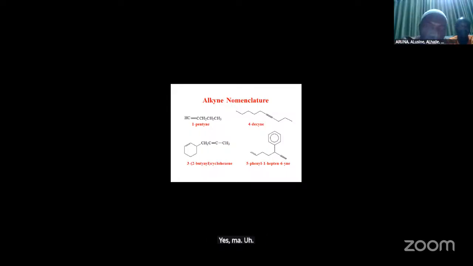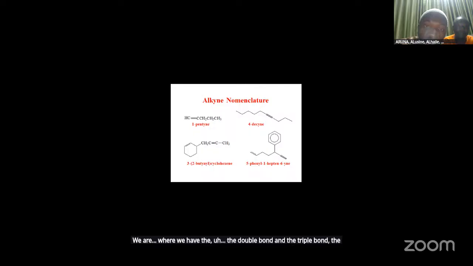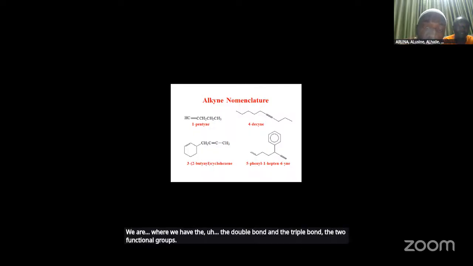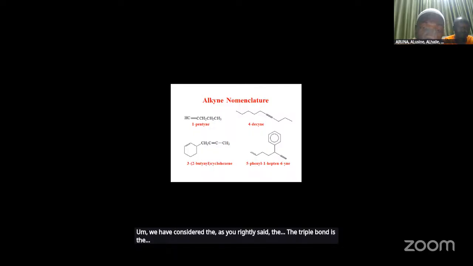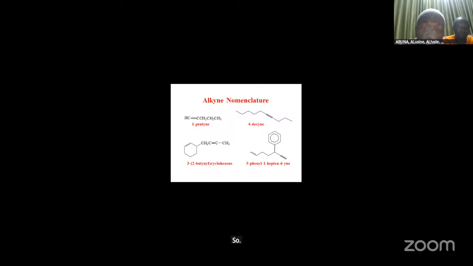Yes, Aruna. Yes, ma. The fourth compound, where we have the double bond and the triple bond, the 2 functional groups. We have considered, as you rightly said, the triple bond as one of the priority. So the double bond is the substituent bond.